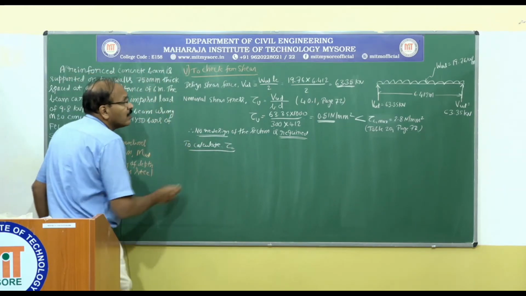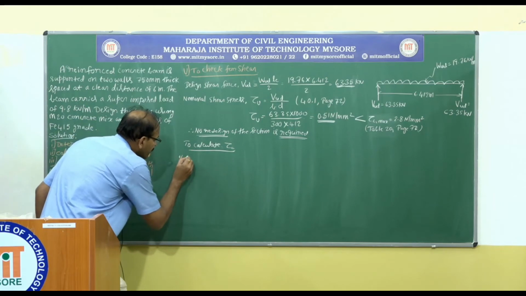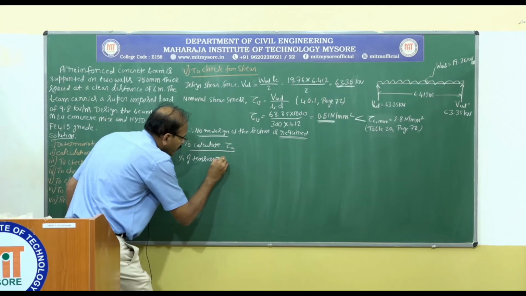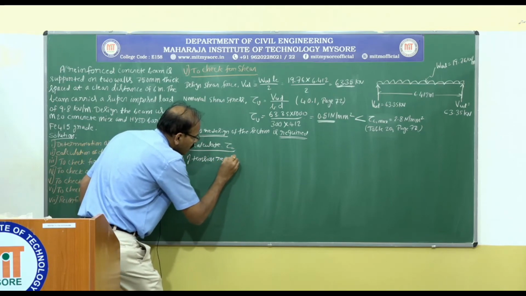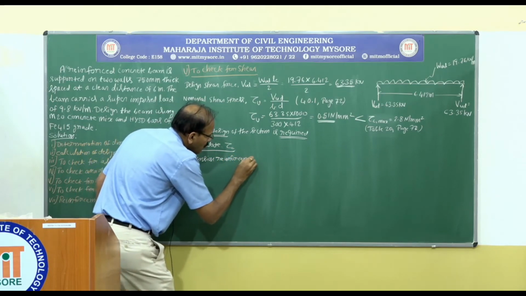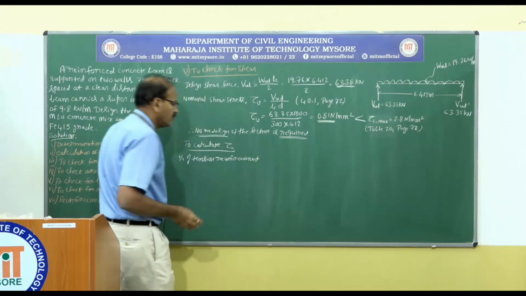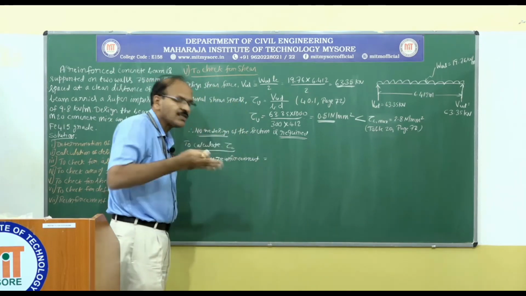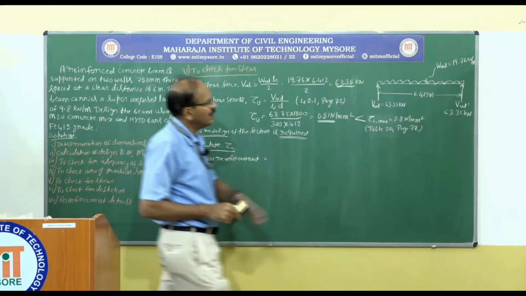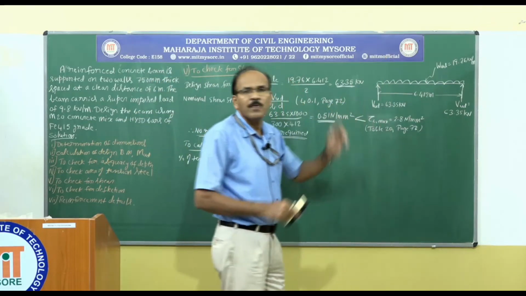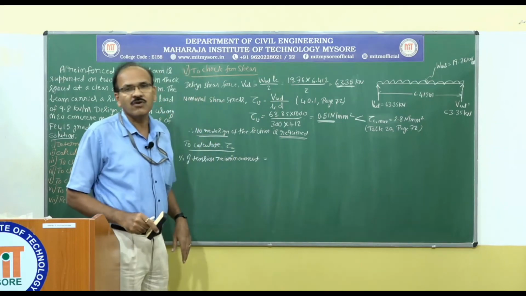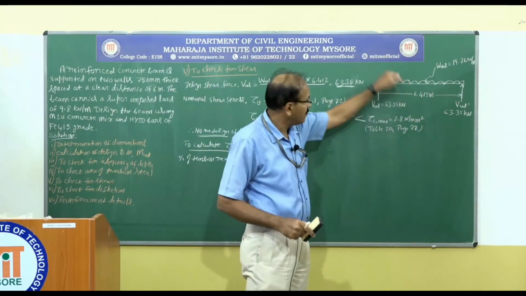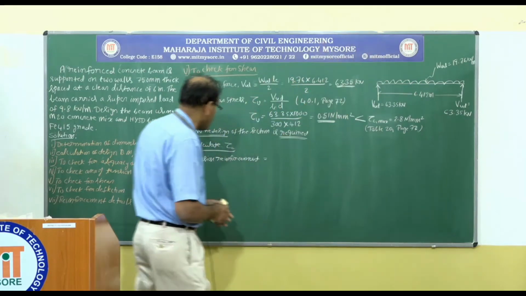Percentage of tension reinforcement is equal to that at the section where we are finding the shear strength of concrete. Not at the midsection, instead, it is at the support.